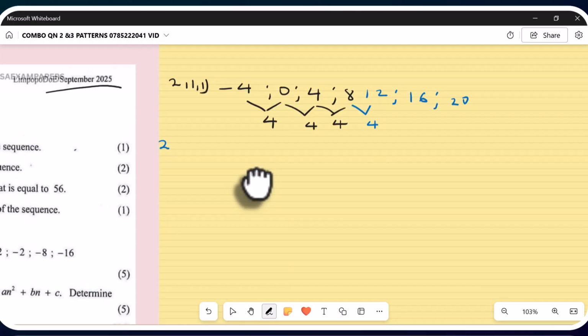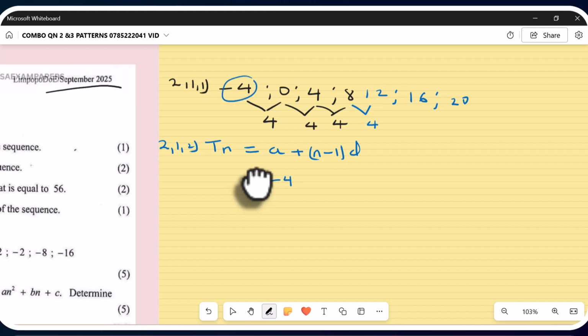From Limpopo, they said to calculate the value of the 12th term of the sequence. Now we are looking for T12. Because we have our Tn here, for T12 we put a 12 where it is n.